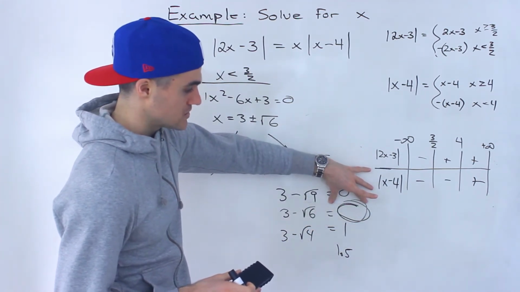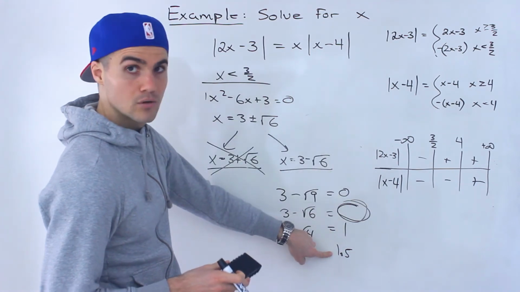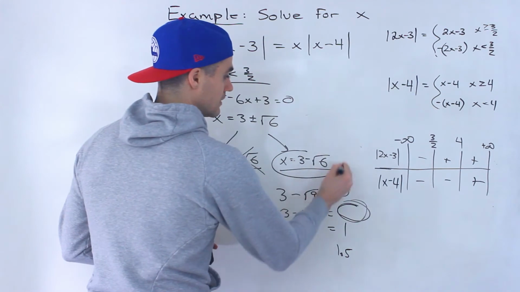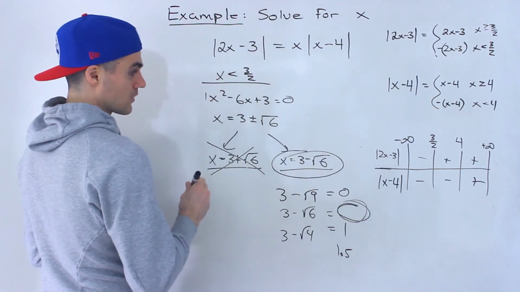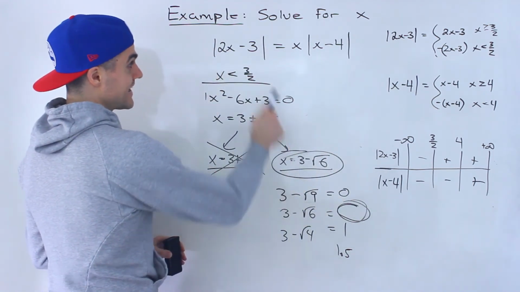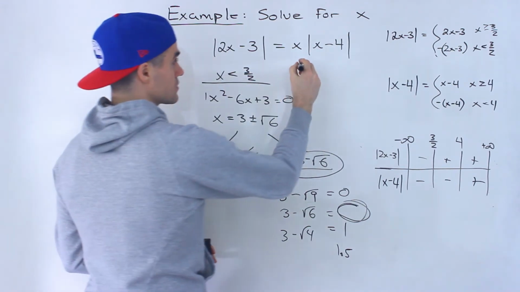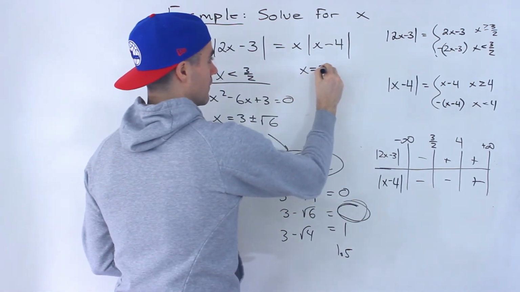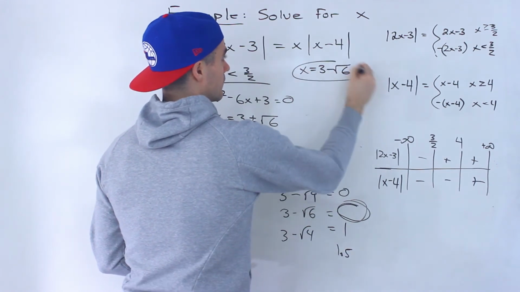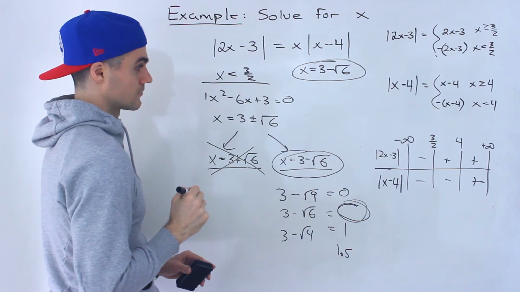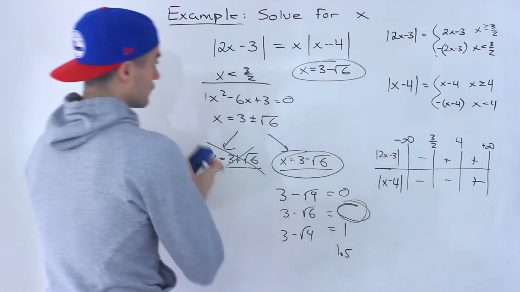And any number between 0 and 1 is going to be less than 1.5 or less than 3 over 2. So this solution does work. And so this is a solution to that equation right there. So we would write that. Right? That's going to be one of the solutions to this overall equation. Right? So that's just the first interval right there.